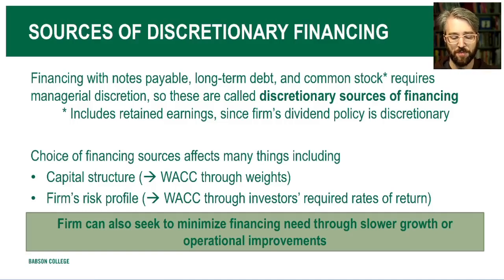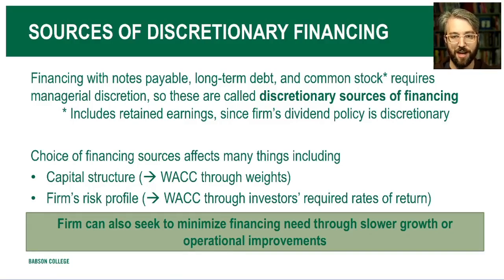So suppose the firm decides how to adjust its strategic plan in order to meet that additional financing need. So it does things either like adjust its operations, or it actually goes and raises money either by issuing notes payable, that's borrowing short term, by borrowing long term through a bond issue or taking out a bank loan, long-term debt, or by issuing common stock, or by increasing paid-in capital through common stock by reducing dividend payouts.